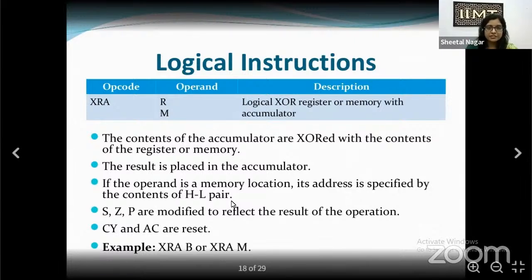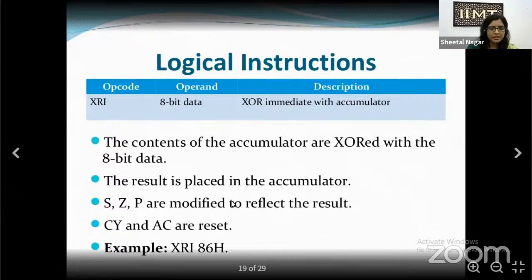After execution of this instruction, sign, zero and parity flags will be modified to reflect the result of the operation. Carry and auxiliary carry flags will be reset. Next, for immediate XOR operation, we have another instruction, that is XRI 8-bit data.